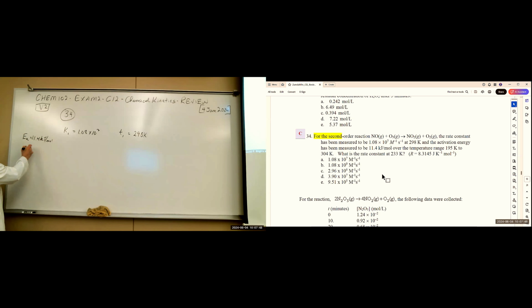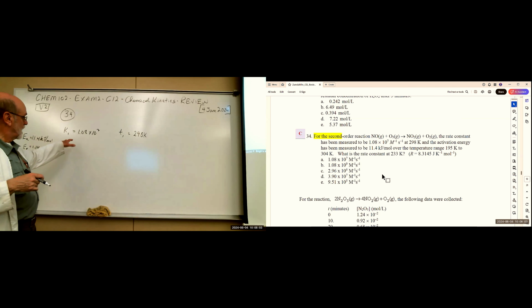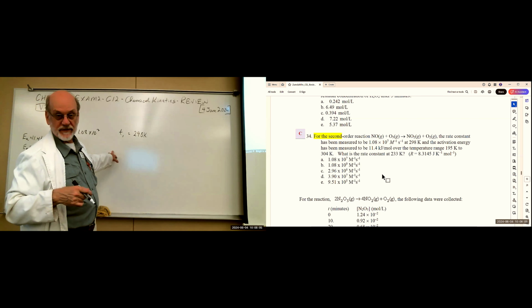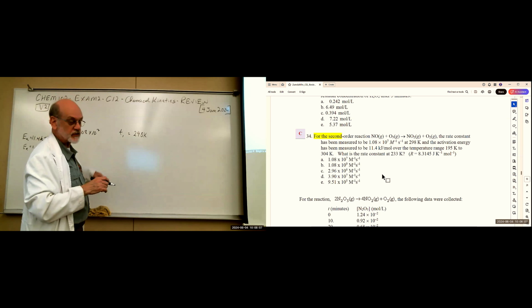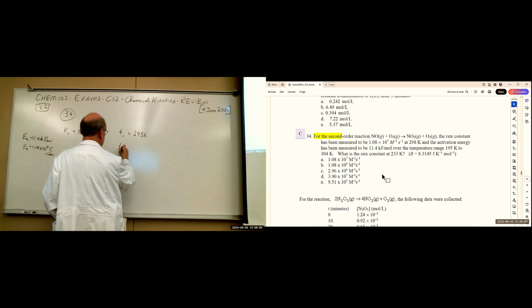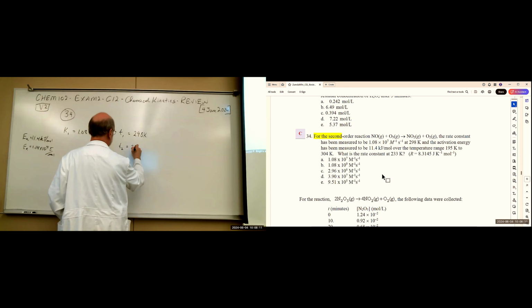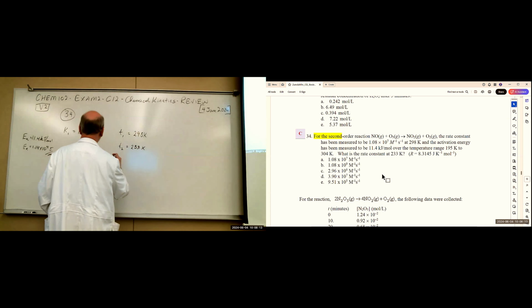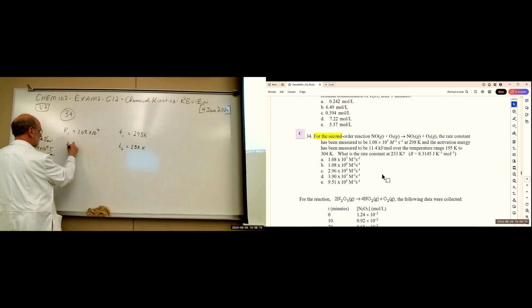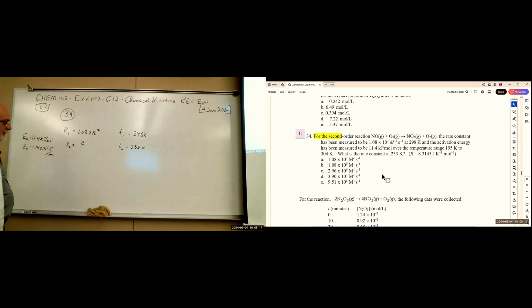So we might as well go ahead and change it to joules, right? 11.4 times 10 to the 3rd is 1.14 times 10 to the 4th joules. So that's our activation energy. The second temperature, I think. What's the rate constant at 233? So at the second temperature, 233, we want to know what that is.